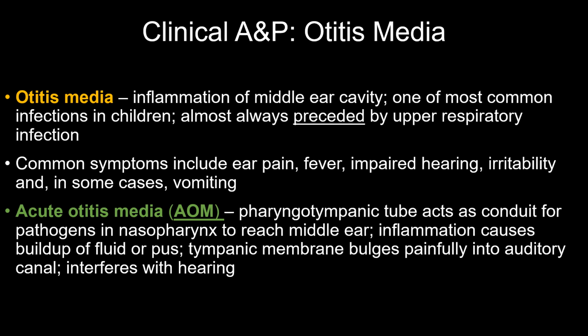You'll see some photos that I'll show you in a minute that show a normal tympanic membrane, one with acute otitis media, and then one that has been treated through a procedure known as a laryngotomy. That is essentially where a tube is pushed through the tympanic membrane to allow for drainage.